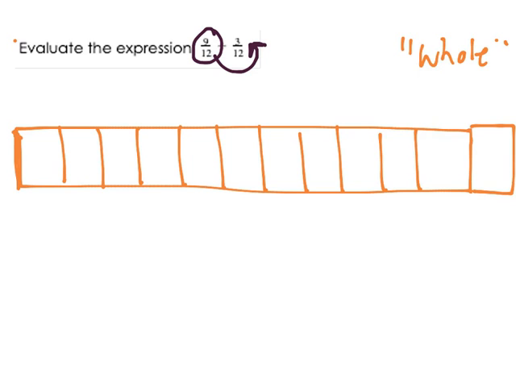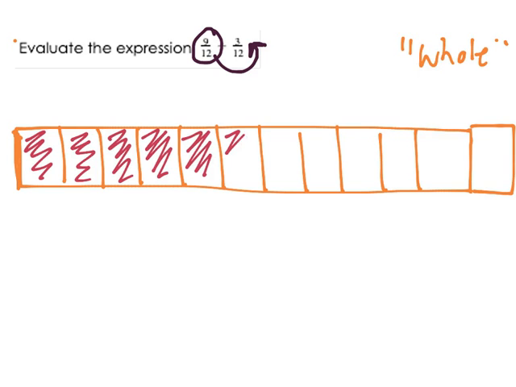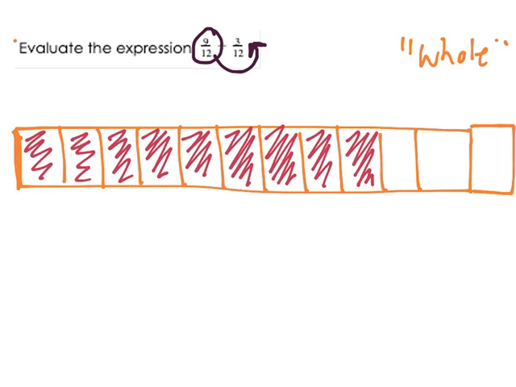I'm going to shade 9 boxes, the amount of the numerator of my dividend. So that's 1, 2, 3, 4, 5, 6, 7, 8, and 9.